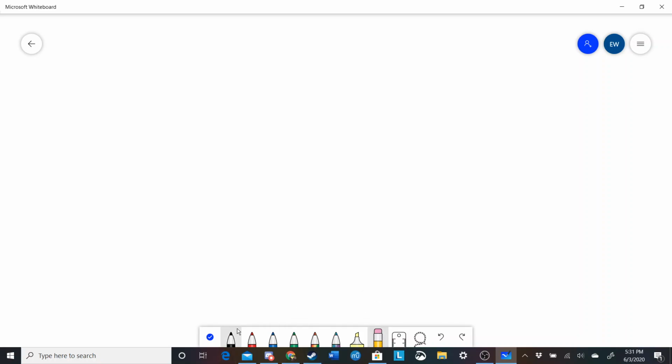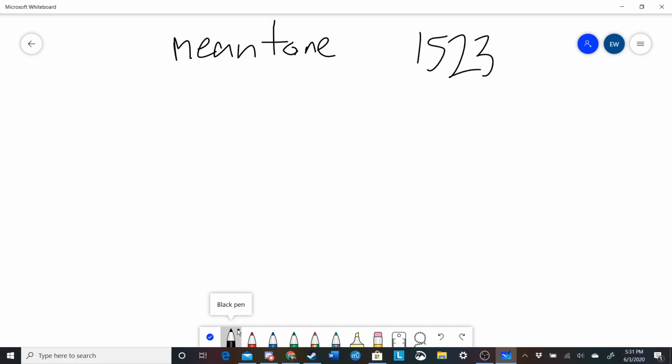So meantone tuning was, let me write it. Meantone tuning was invented in 1523. Yeah, 1523. I have notes, I promise. By this dude called Pietro Aron. Fairly slick guy. He decided that thirds should sound really nice, and they don't if you just use Pythagorean tuning.